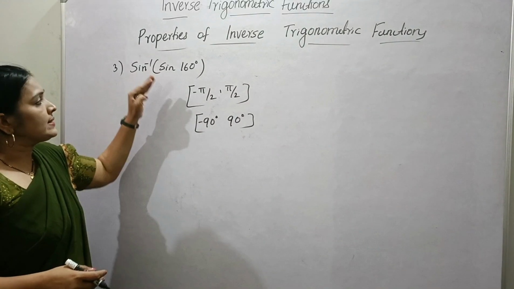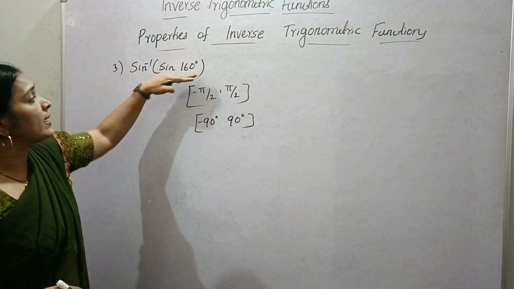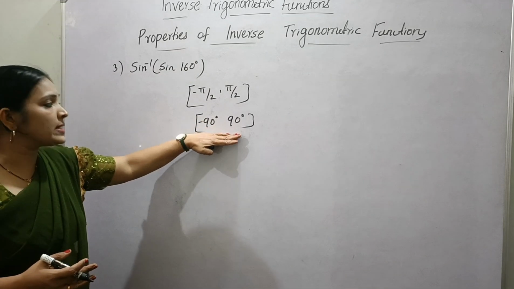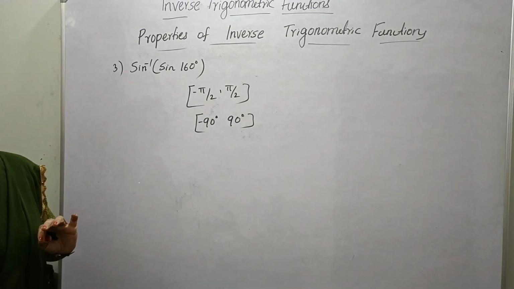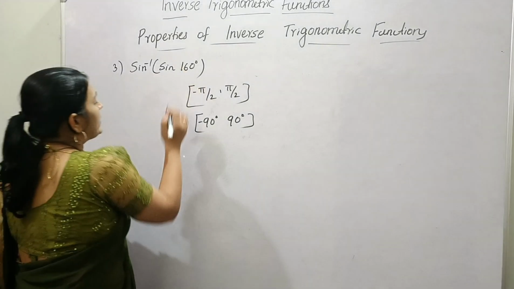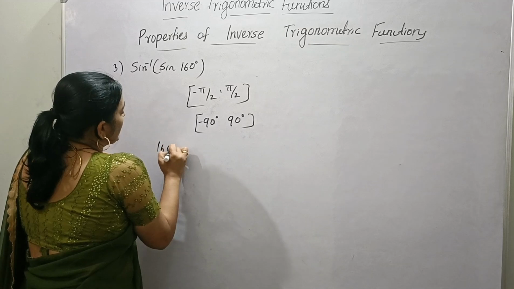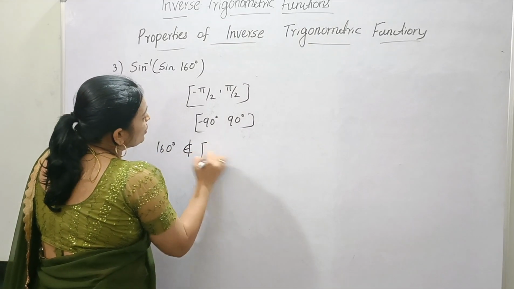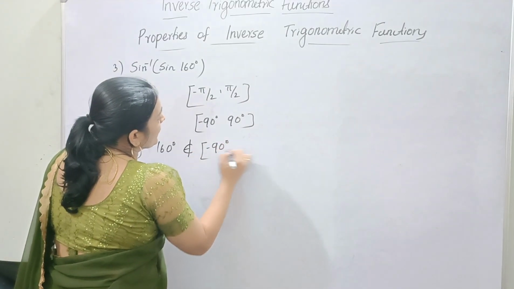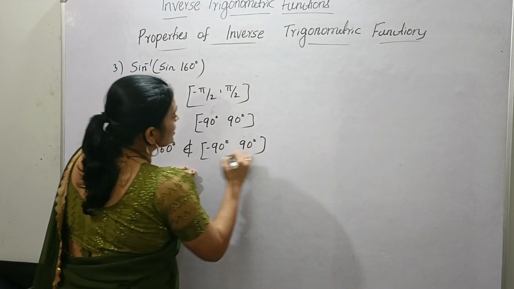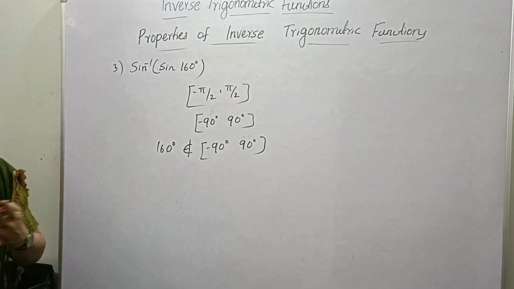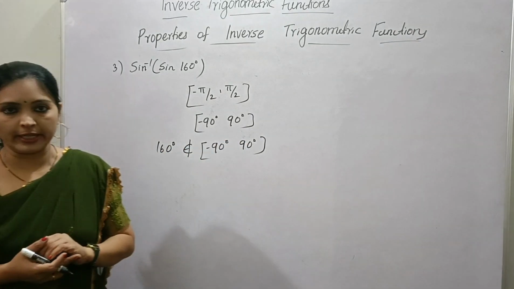Does this angle 160 degree belong to the interval minus 90 to 90 degree? No, right? 160 degree does not belong to the closed interval minus 90 degree to 90 degree, because 160 degree is greater than 90 degree.